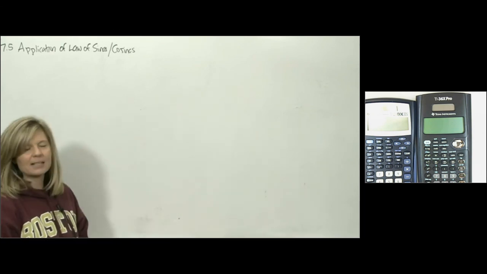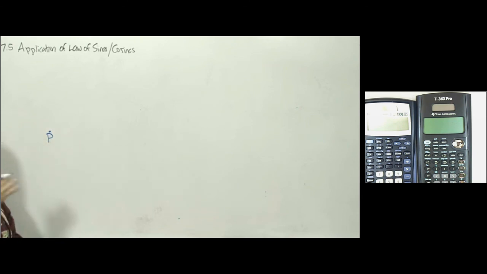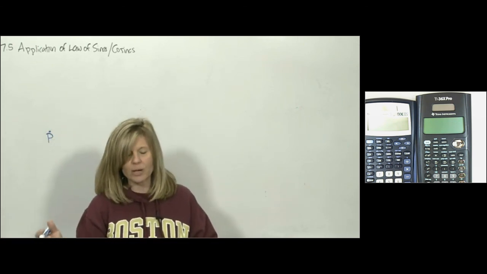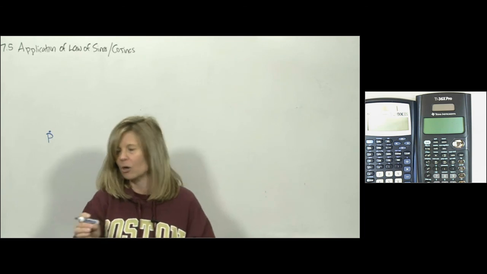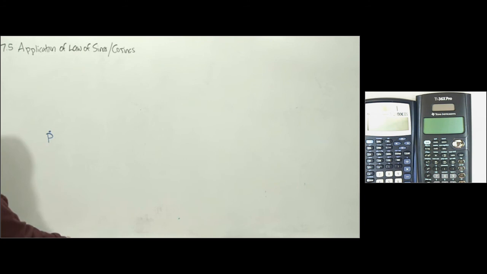So we have a ship and it's leaving port. So I'm going to put point P to mean the port. That's where we're starting from. And it says we're leaving on a bearing of 28 degrees. So the word bearing means an angle drawn clockwise from the north vector. So the first thing we have to do in this picture is we have to draw the north vector.